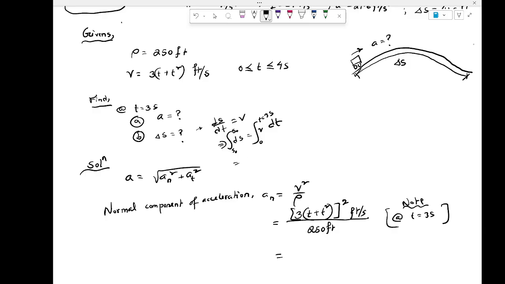Those who are advanced, I'm showing this so you don't stop waiting for me. So you have this S minus S0, which is equal to del S. And then you have the integral from 0 to 3 of 3t plus t square, that you have to solve. Those who are advanced should be able to do that. Have you found the del S value already?